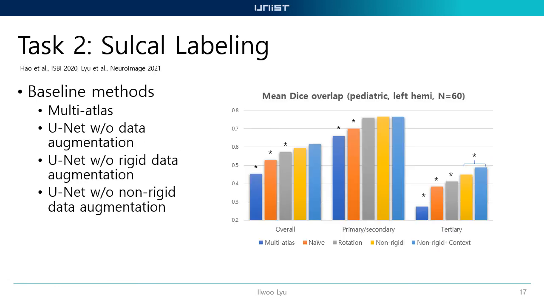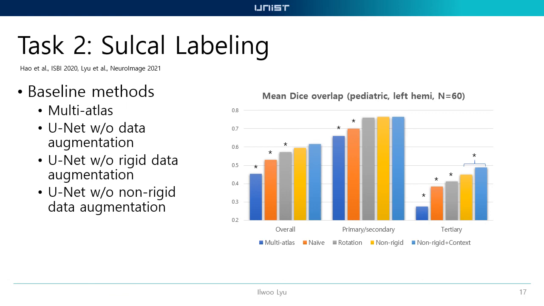And this is a sulcal labeling task. Instead of labeling the entire cortex, we focused on the prefrontal cortex. Here we have 4 different baseline methods. Once again, we have the multi-atlas approach and the U-Net approach, but without data augmentation.